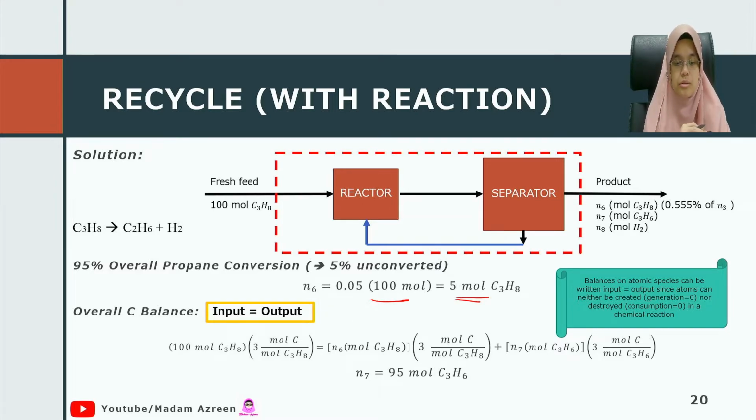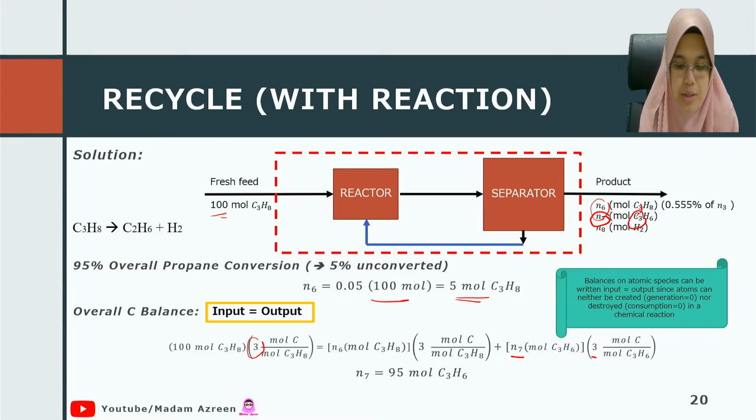So for the C balance, input equals output. You have 100 mole of propane, and it has three atoms of carbon, and for the output you have N6 with 3 atomic balance, and you have N7 with also 3 atomic balance.